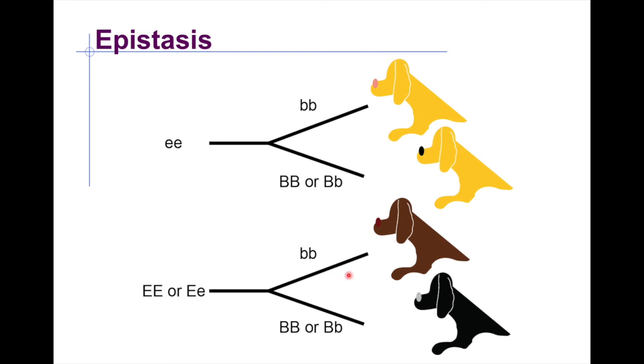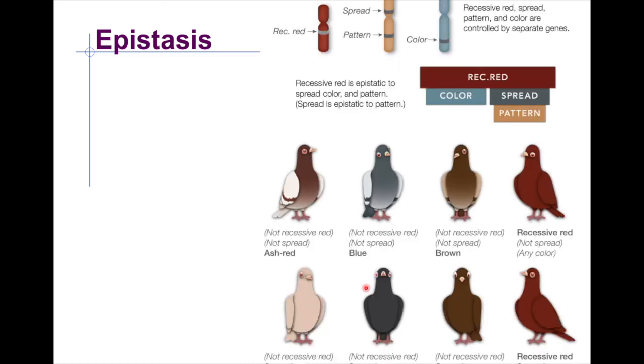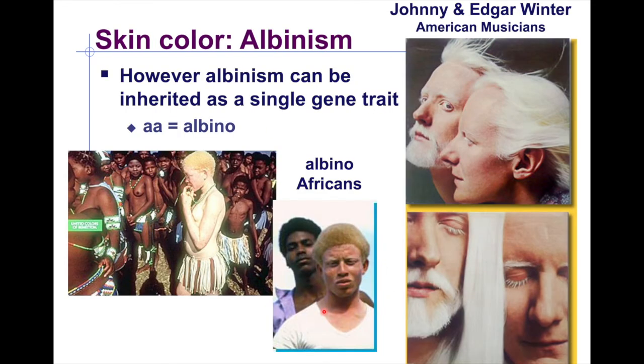This is just a diagram showing how they can be inherited. The same can be said for coat color pattern in pigeons. Albinism is also an example of epistasis, in how we inherit albino genes.